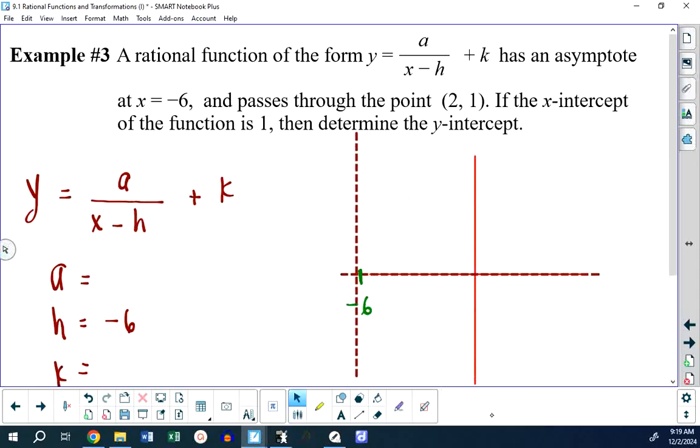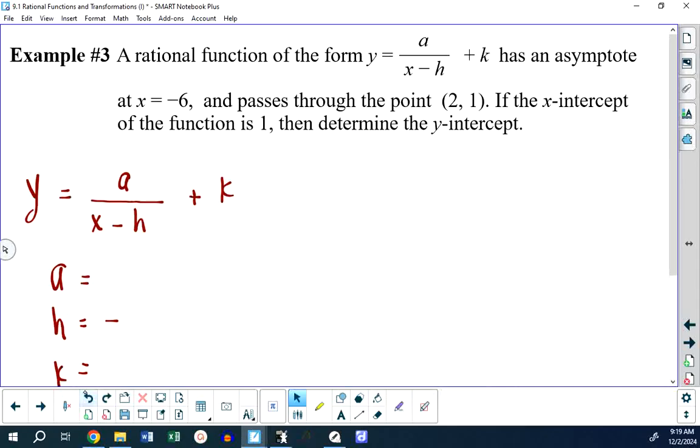This asymptote must have been shifted to -6, which means h is -6. That means in the function you're going to have over x plus 6, right? But h is -6. So that's a start. At least now we know what the value of h is.